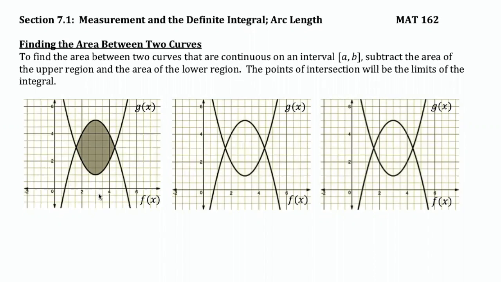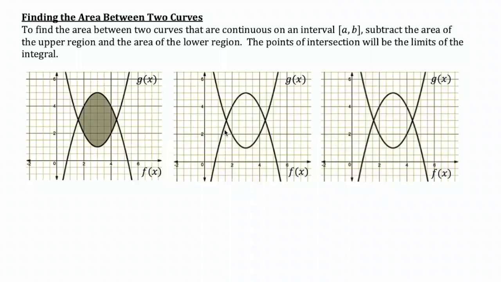However, there are cases where we want to look at different areas, such as the area created by these two overlapping functions, which you see shaded in the first picture. So in this middle graph here, we know what the integral of f of x dx means.